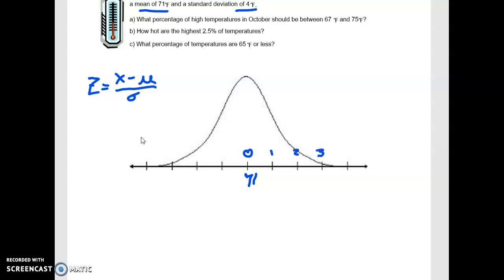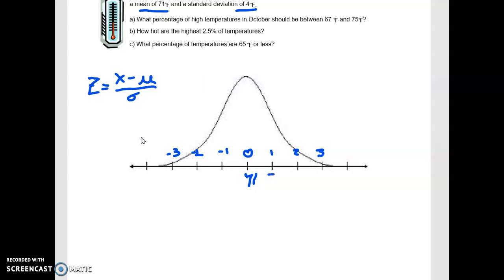Those are z-scores as well as standard deviations. This is minus 1, this is minus 2, this is minus 3. So 71 goes in the middle where 0 is. That's your mean. And then we're going to add 4 three times, and we're going to subtract 4 three times.